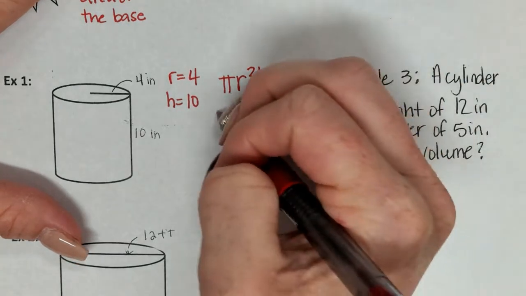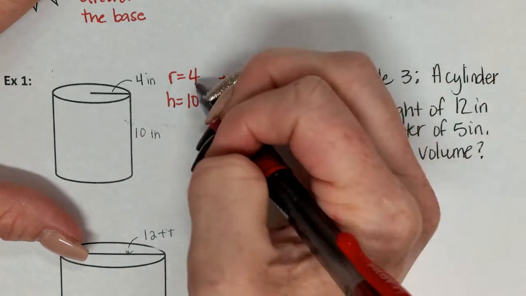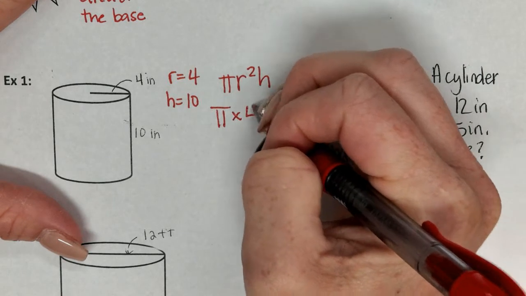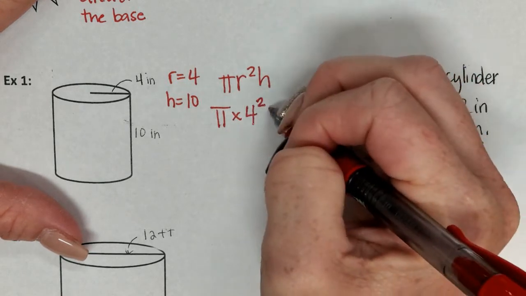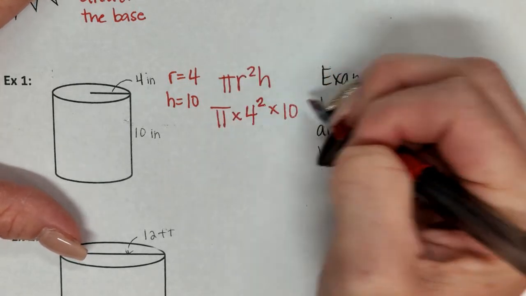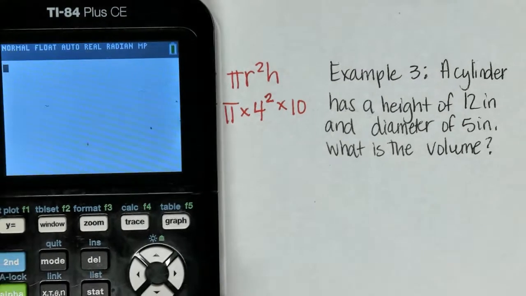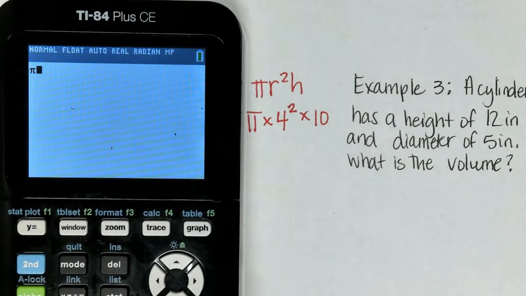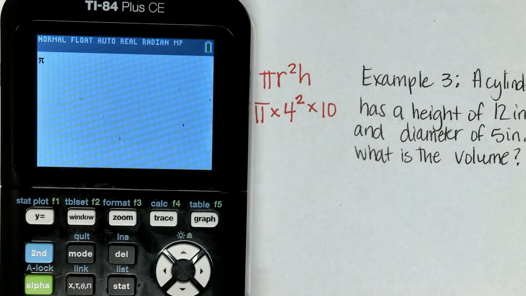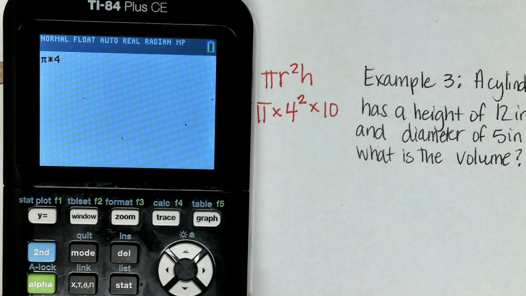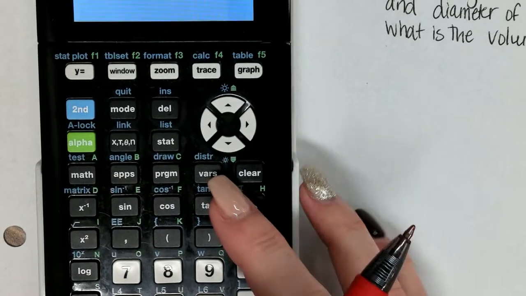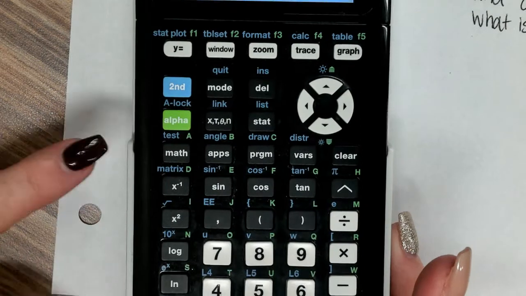So I'm going to do pi times, what's my r? 4, and I'm going to square it times my height, which is 10, and that's it. I just put it in my calculator and let the calculator do the work. So pi, everybody's good with the pi button, right? Pi times 4. Then you can use your little exponent button, or squared has a shortcut.